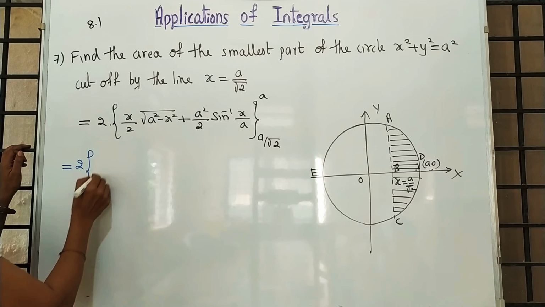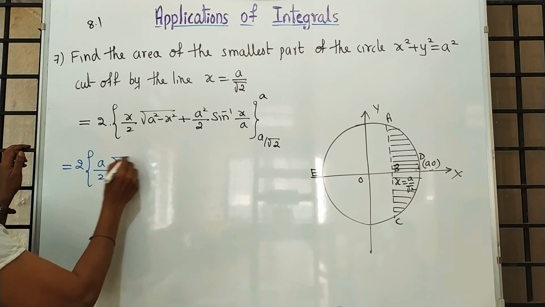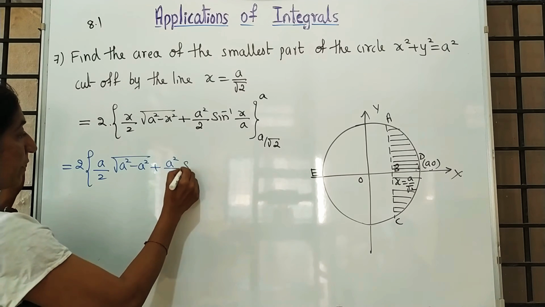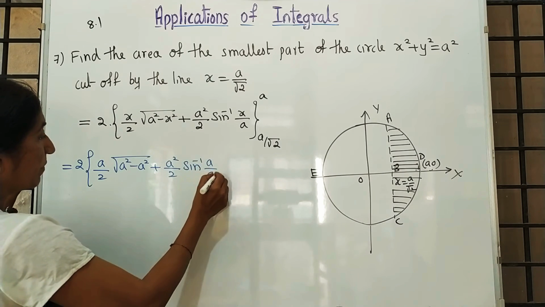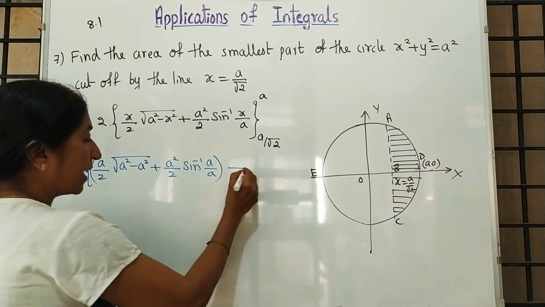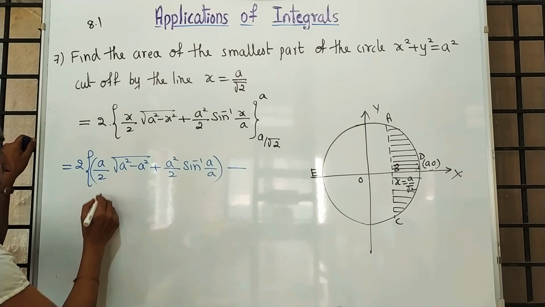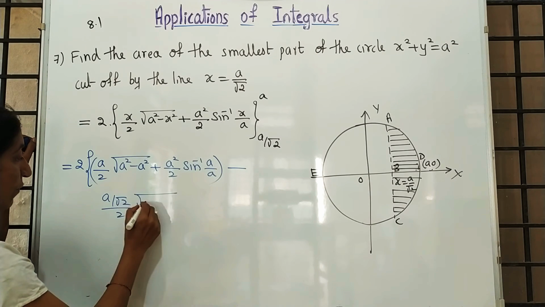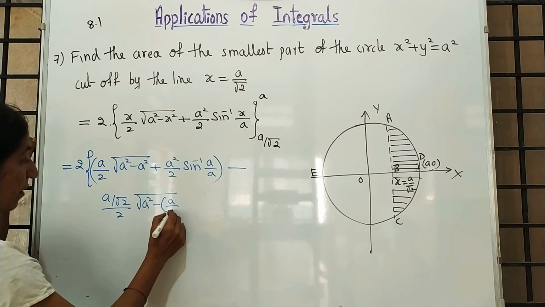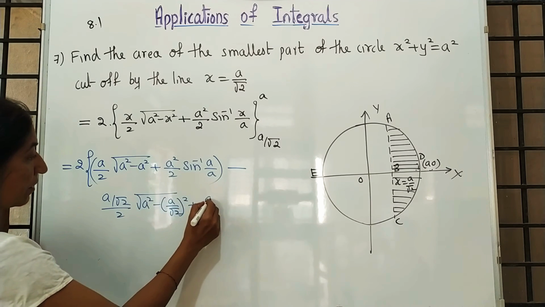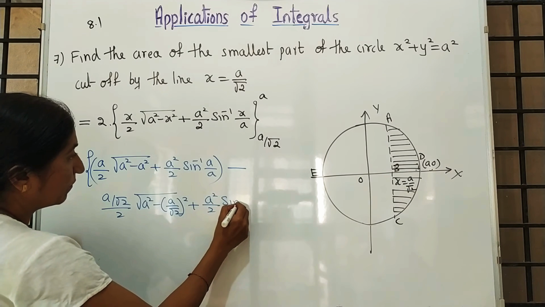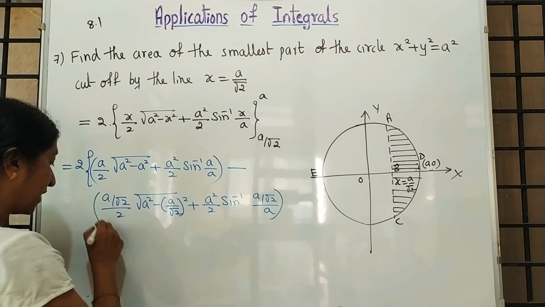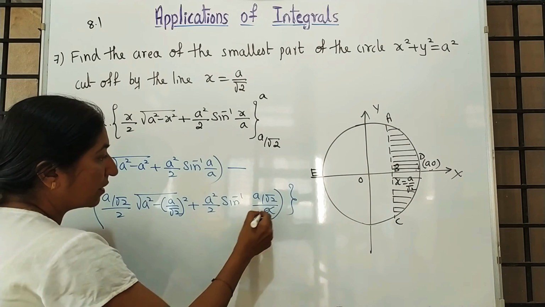2 outside as it is, a by 2 root of a square minus a square plus a square by 2 sine inverse of a by a, upper limit, minus, there is no place, I am writing the lower limit here. In place of x, a by root 2 upon 2 root of a square minus a by root 2 whole square plus a square by 2 sine inverse a by root 2 upon a. Write it in the bracket because outside we have a minus. Here a gets cancelled.